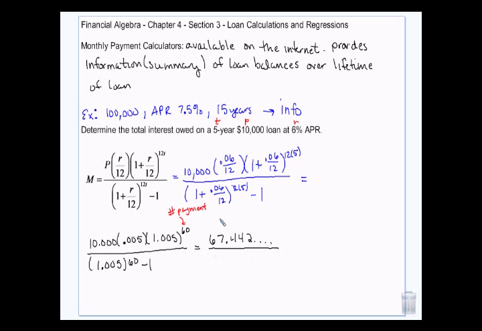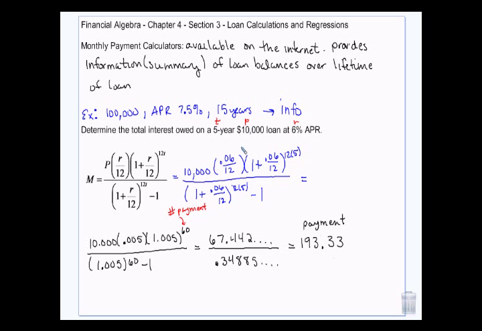And then I take 1.005 to the power of 60 again, subtract 1, and that gives me 0.34885 and some more. So my payment on this particular loan, a $10,000 loan for 5 years, is going to be $193.33. That's my payment.